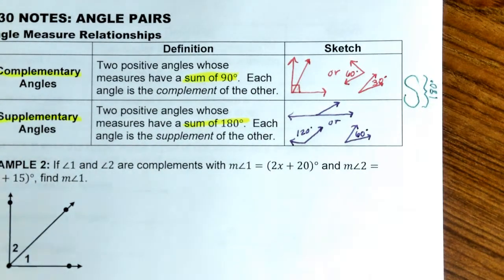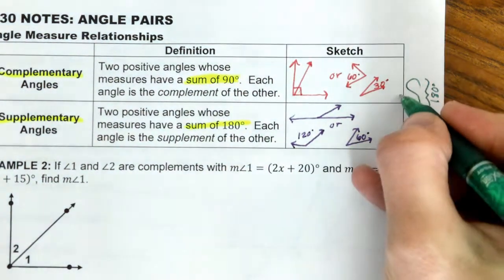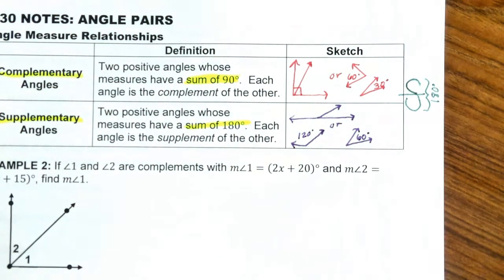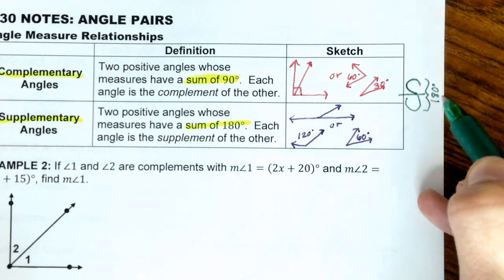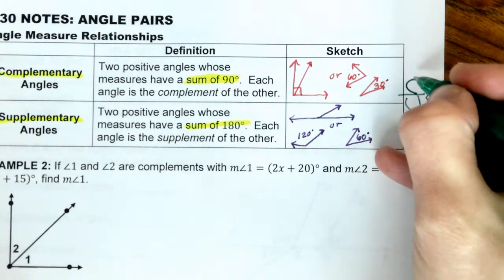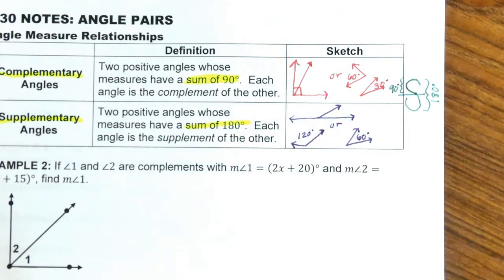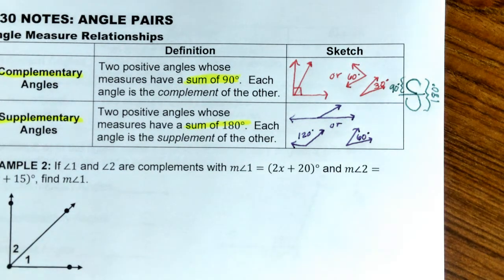If you cut that S in half like this, you see a C for complementary. And if you cut 180 in half, you wind up with 90 degrees. So that's a little tool to help with which one's supplementary, which one's complementary, which one's 90, which one's 180.